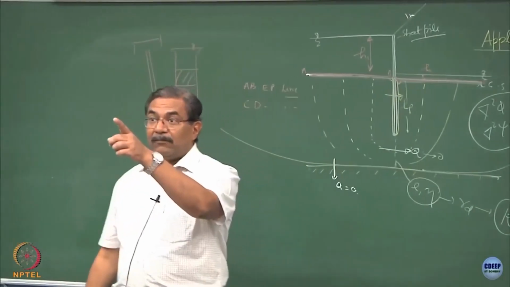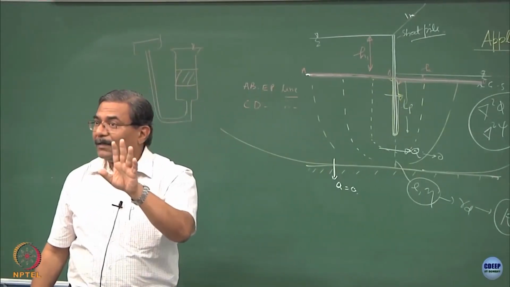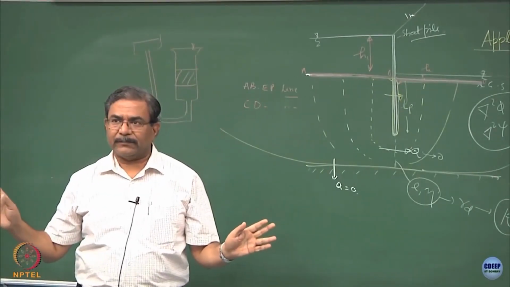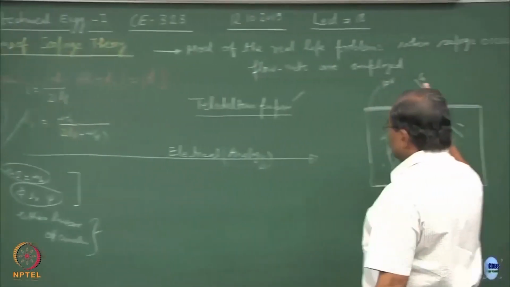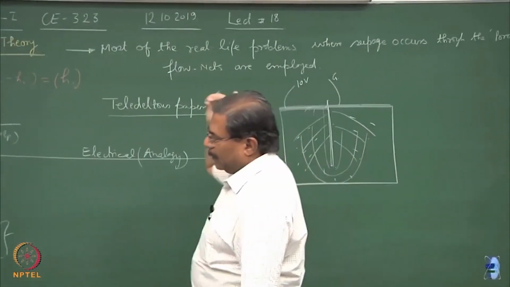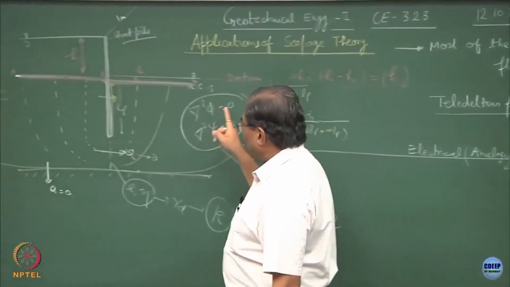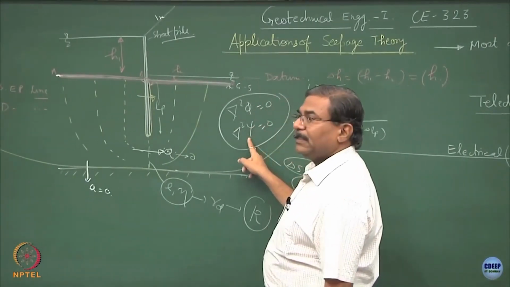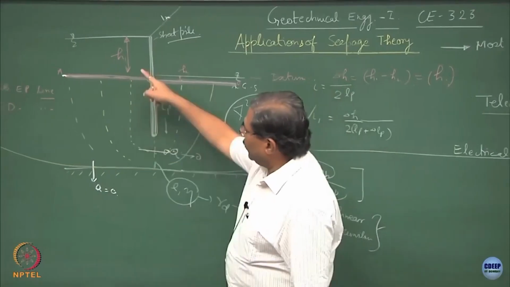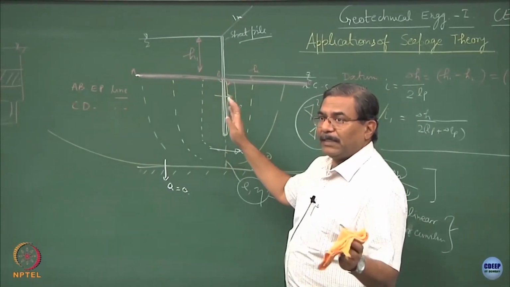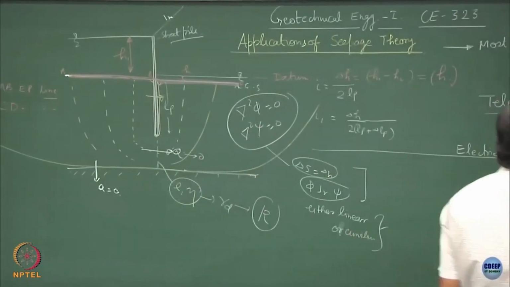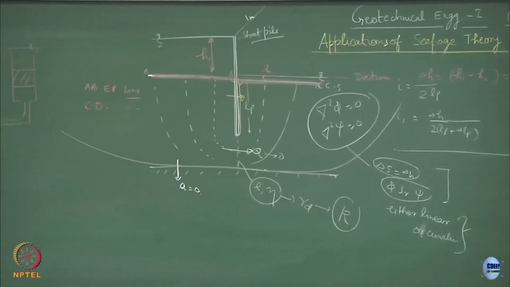By playing with the length of the flow lines only, nothing else, simple solution. Got it? First is apply the voltage, get the phi. Once you have got the phi, from here you can get the psi, keeping the boundary conditions in place. Little bit analysis of this type of a situation I will do.